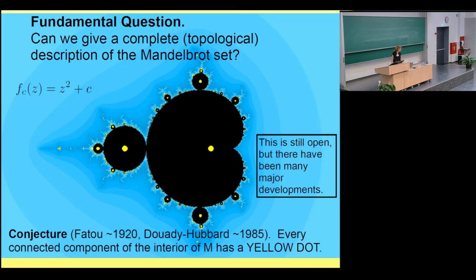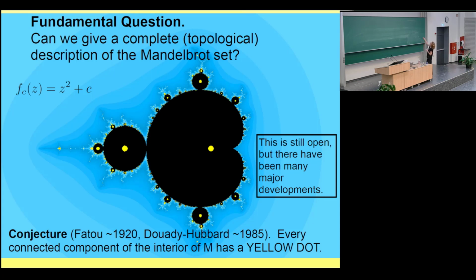That question can be formulated in terms of my special points. You can reformulate the conjecture as just saying that every connected component of the interior of the Mandelbrot set has one of my yellow dots.